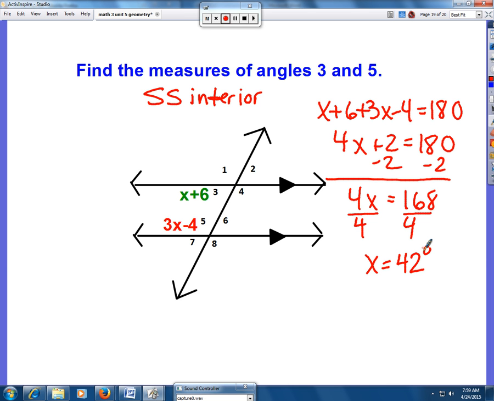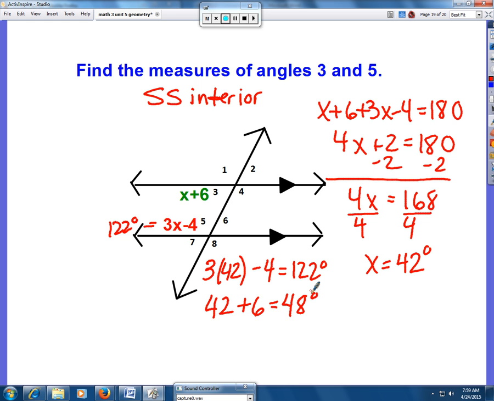So I plug that in here. 3 times 42 minus 4. 3 times 42 is 126, minus 4 is 122. So angle 5 is 122 degrees. Angle 3 is just going to be 42 plus 6, which is 48 degrees. And I did something wrong here.